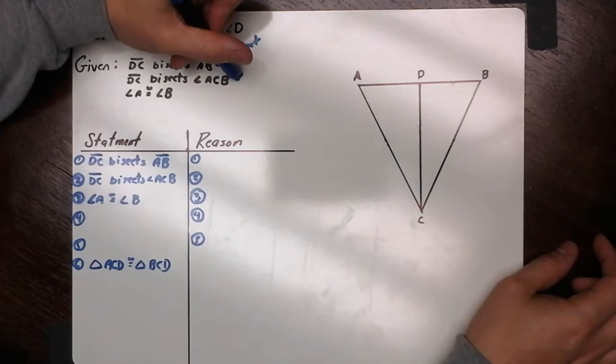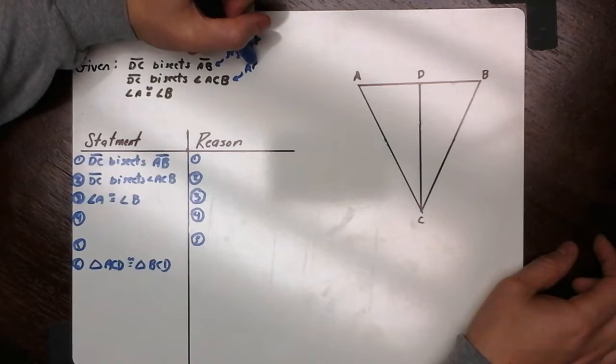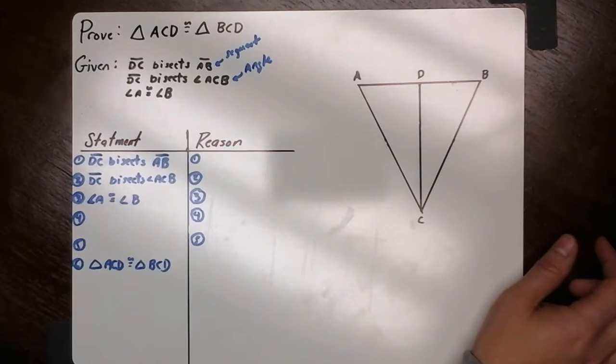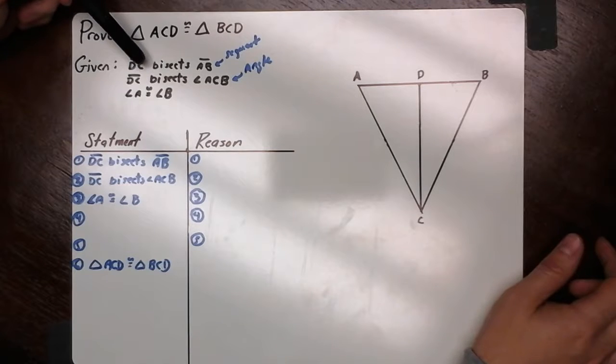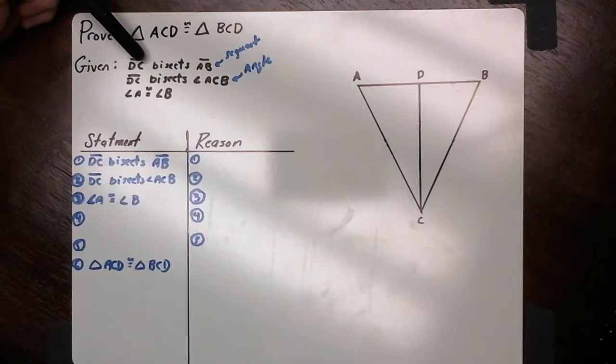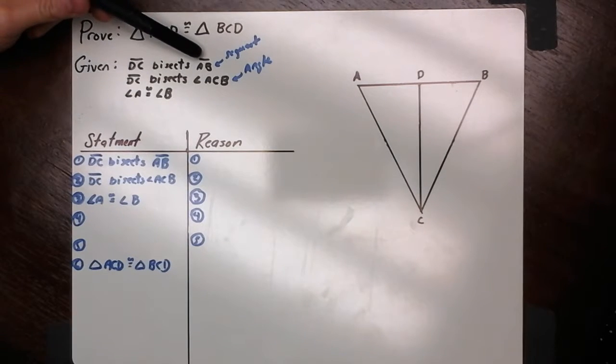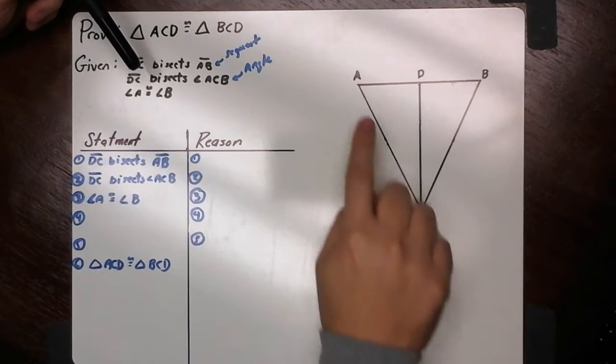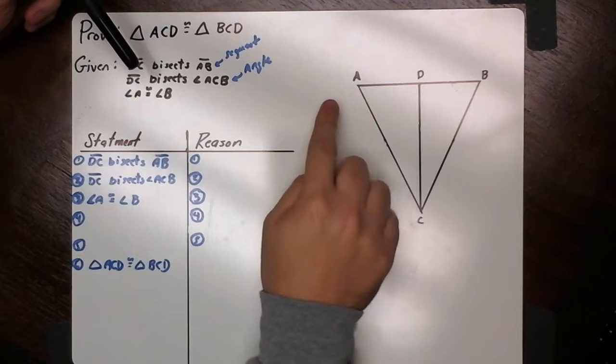And this is the angle bisector. Okay, so let's take a look at what that does. So it says here, I'm going to actually start the black one. It says here that DC bisects AB. DC, that's this line, is going to bisect this line.